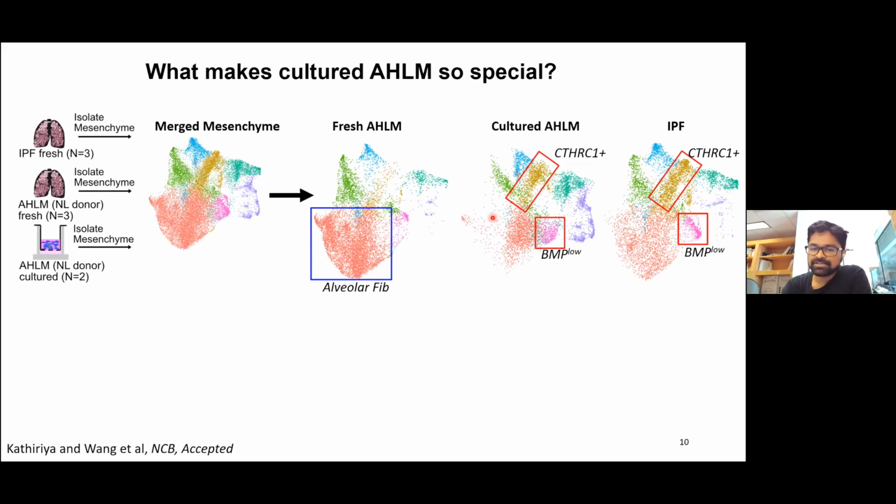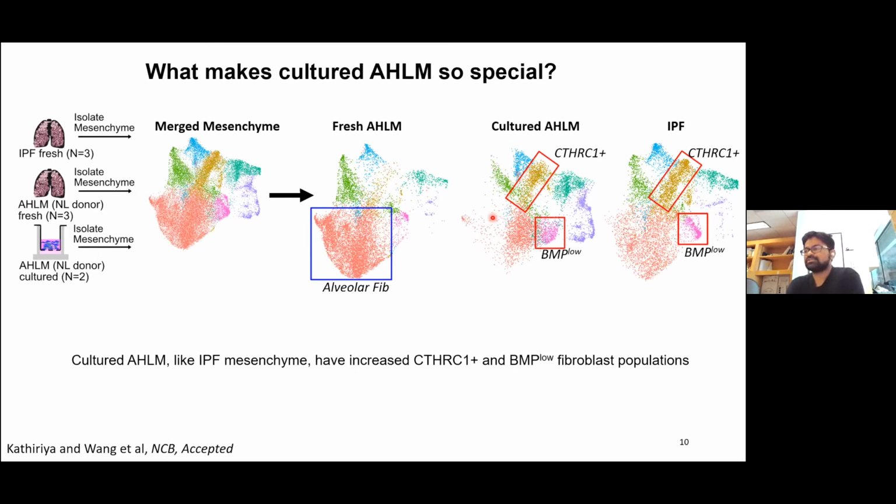And second, the CTHRC1 positive cluster that is recently identified to express a number of ECM proteins. It is high in TGF-beta signaling, and is generally associated with active remodeling regions in an IPF lung.